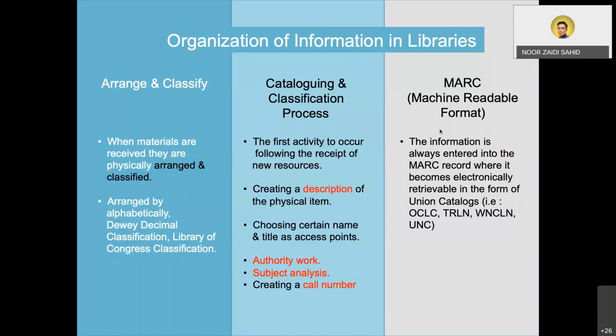For example, OCLC. OCLC ini dia juga dikenali sebagai World Catalog. World Catalog will integrate catalog records from all over the world. Begitu juga yang lain-lain. Saya akan explain ini later in our next classes.